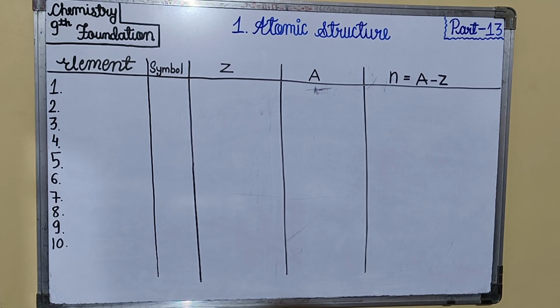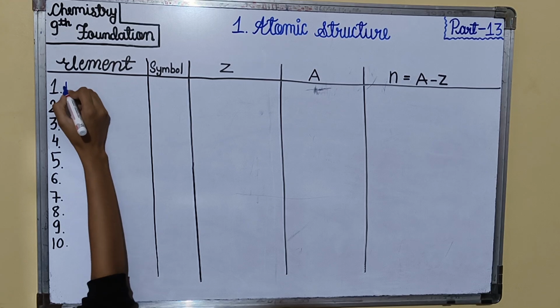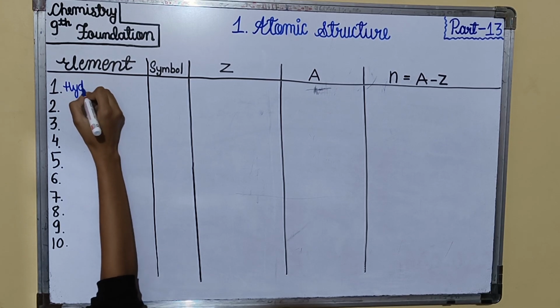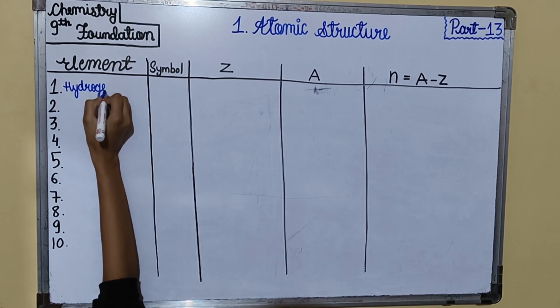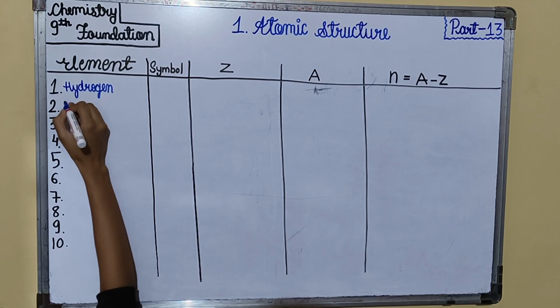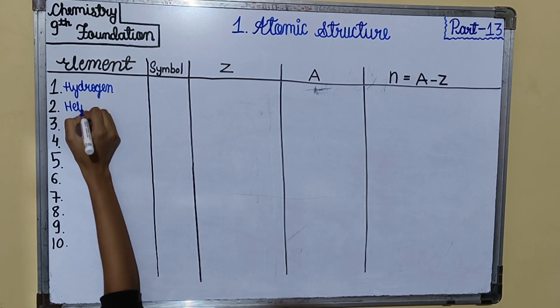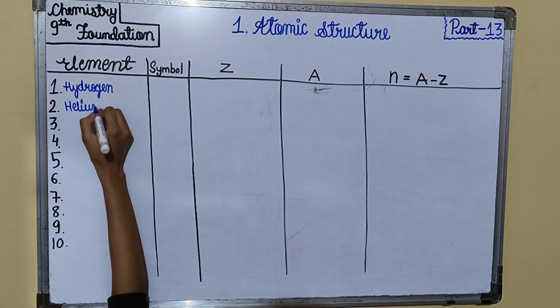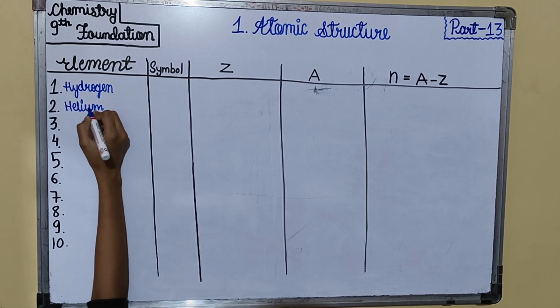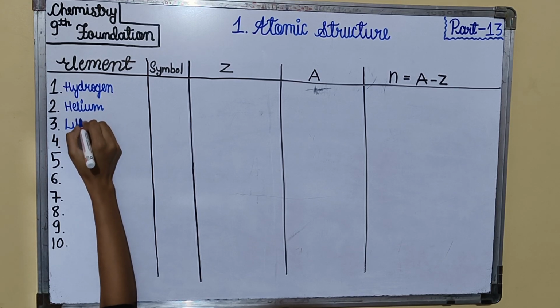Our first element is hydrogen. Second is helium. Third is lithium.